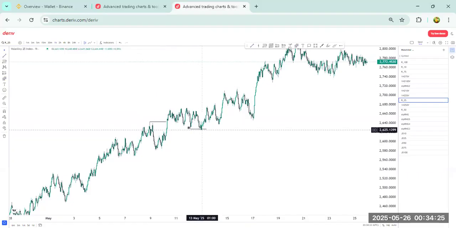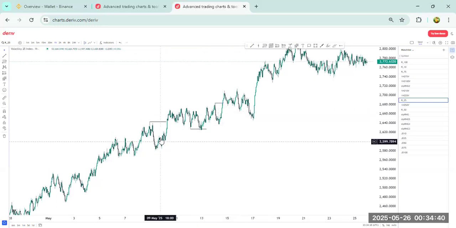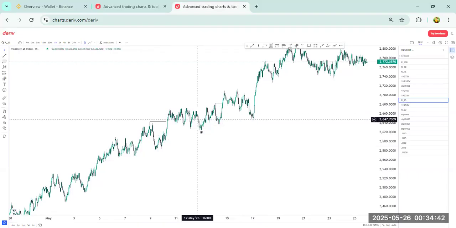As price was creating the lower lows, you may think we are turning bearish. As soon as we manipulated this low, price gave you a continuation by breaking what? This high. All right. So we move from expansion to consolidation. We manipulated the low and then continuation.